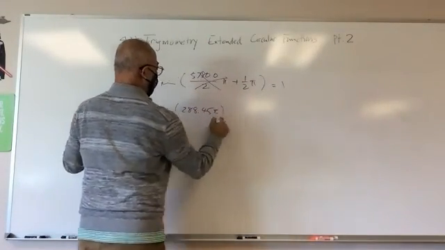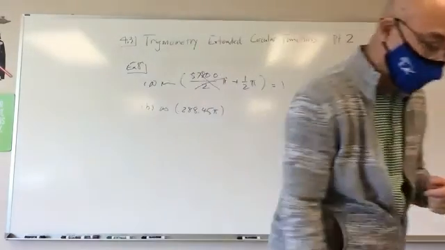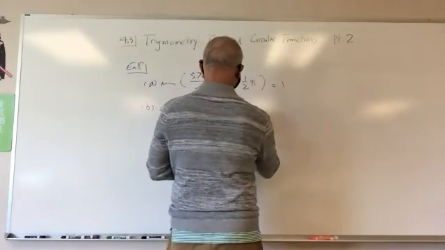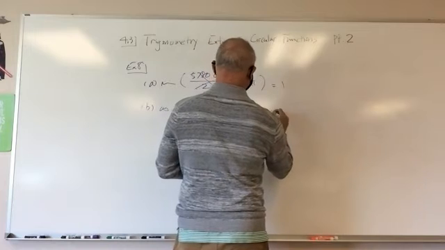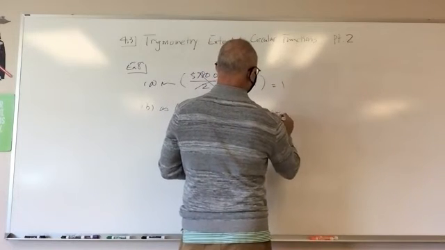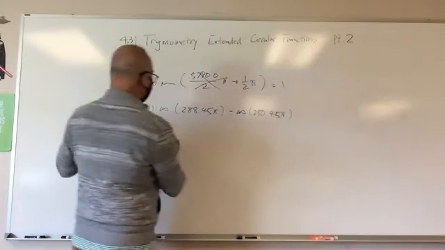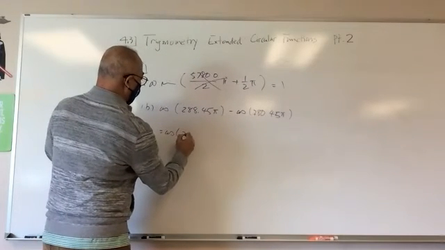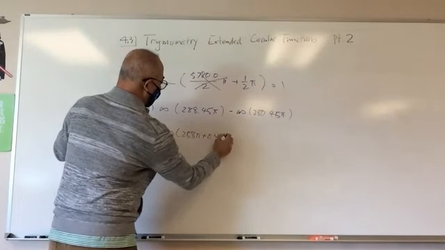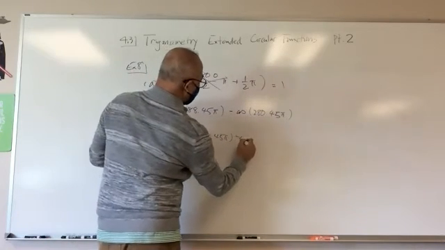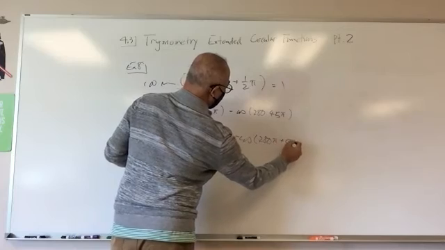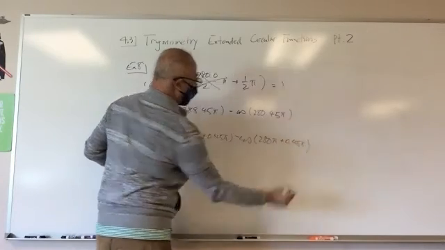Next is sine 288.45 pi minus cosine 280.45 pi. Do the same thing here. This is cosine of 288 pi plus 0.45 pi minus cosine of 280 pi plus 0.45 pi.